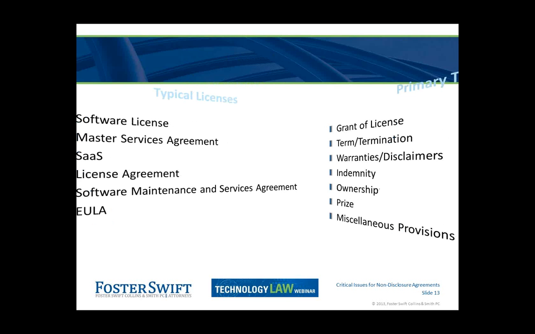You have the warranties, which say that we're going to do this, and then we have the disclaimers, which say we're not going to do this, and everything we said before, we're not warranting now. And then you have the indemnity provision, you have the ownership, you have the issue of price, you have miscellaneous provisions and taxes, which my colleague Nick Ortel is going to address.